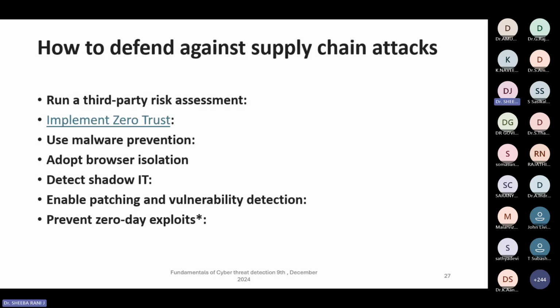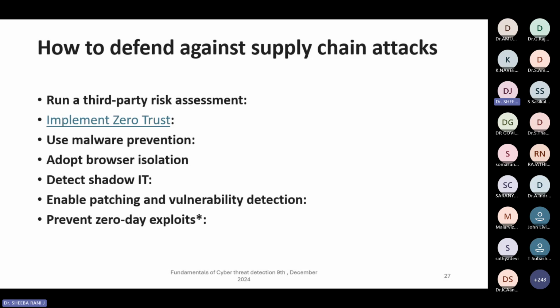How to defend against supply chain attacks? Run a third-party risk assessment. This is very much implemented, right? Implement zero trust, which is also a technique, and adopt browser isolation. Computer science people may know these are basic things nowadays in any network environment.